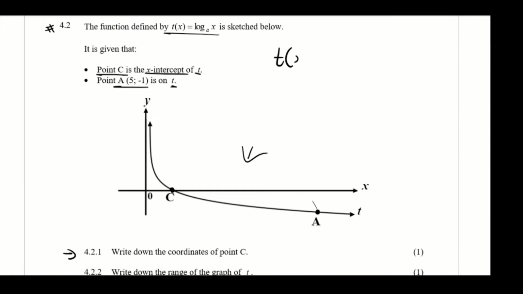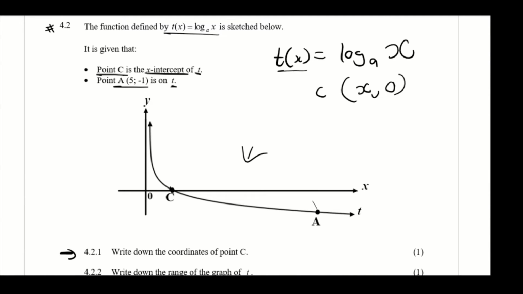You have t of x is equal to log of base a of x. So we want to find 4.2.1, right? So what is your t? This is C, right? If you were to write the coordinates of C, we don't know the value of x, but we know the value of y, which is 0.